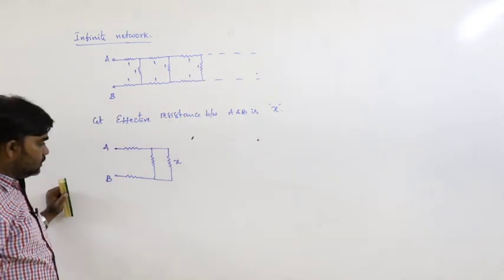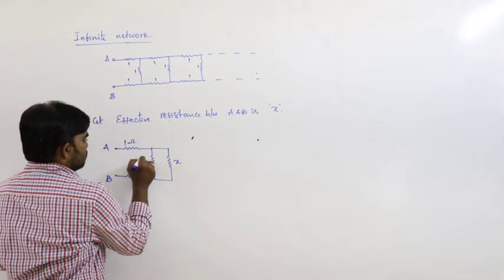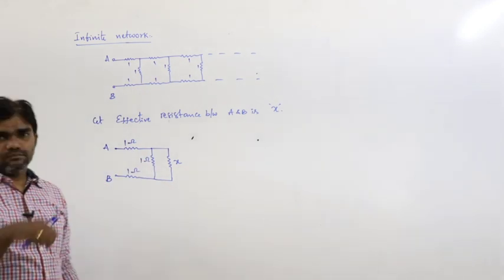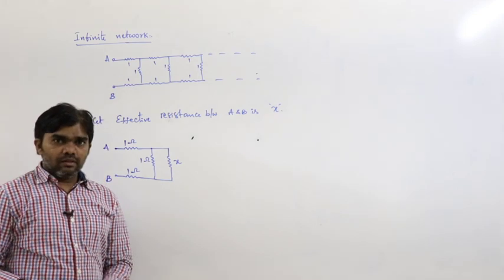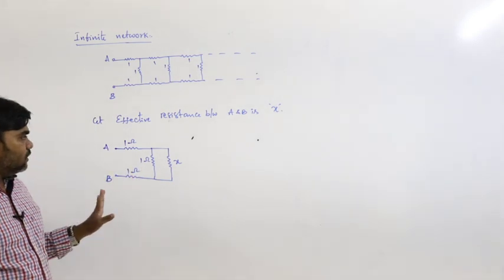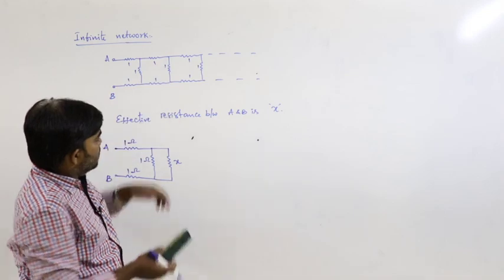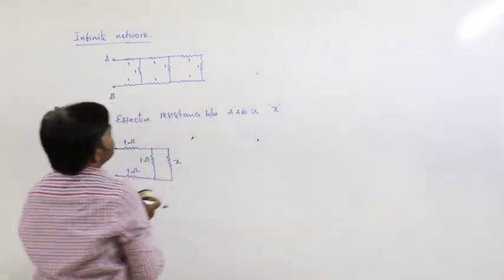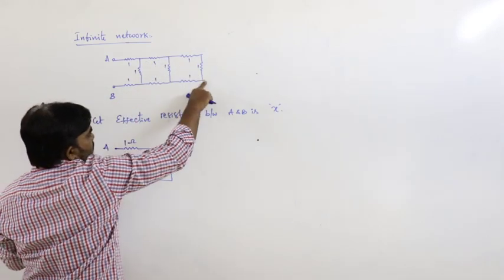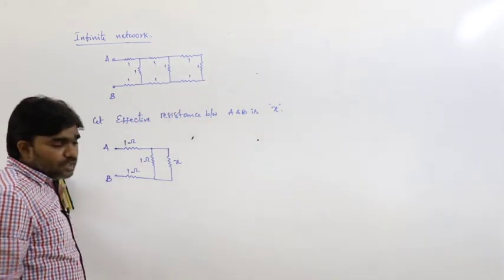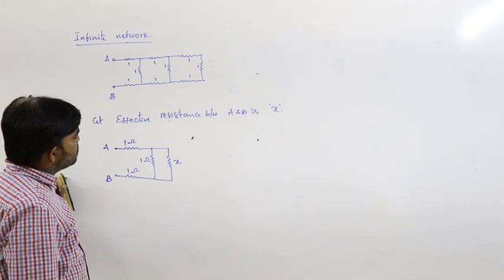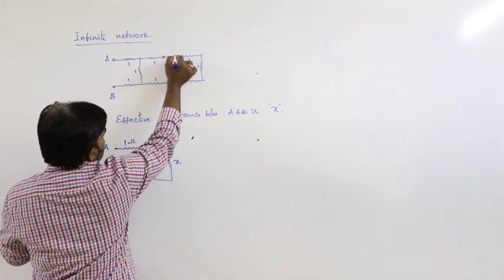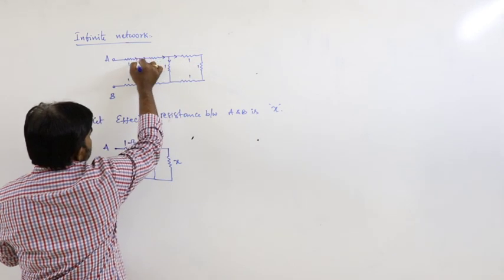So this is 1 ohm, 1 ohm, 1 ohm. So this is the infinite network. So from this, let us say, if the resistances are like this only, up to here only, there is no extension. Now how can we do this? So current comes here and divides like this, here divides like this.